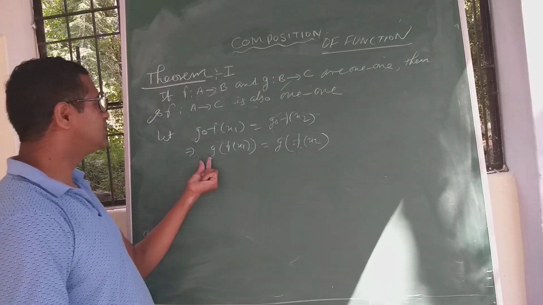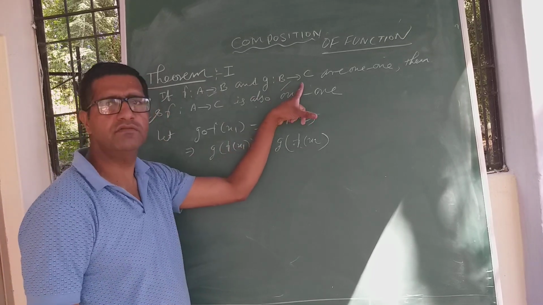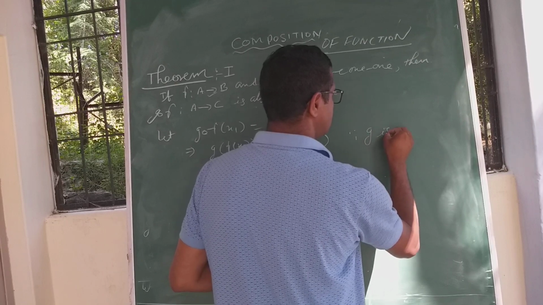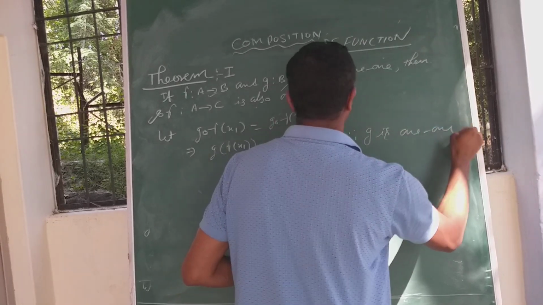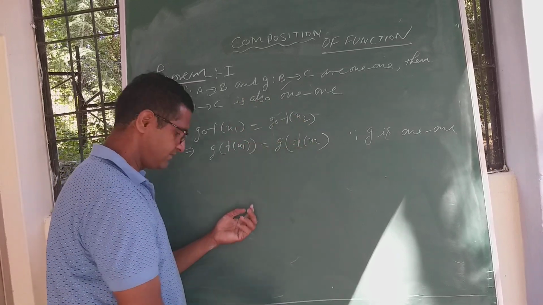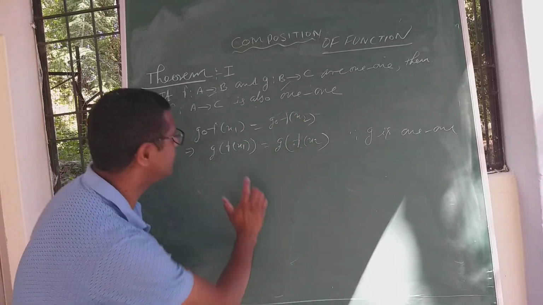As we know, since g is 1 1, gx1 equal to gx2 implies x1 equal to x2.